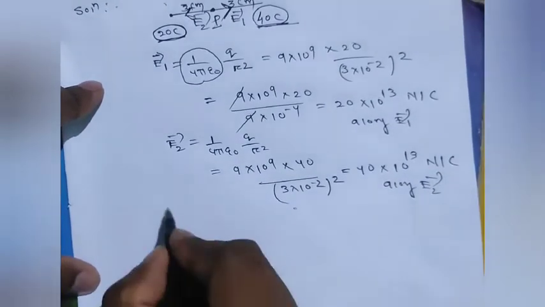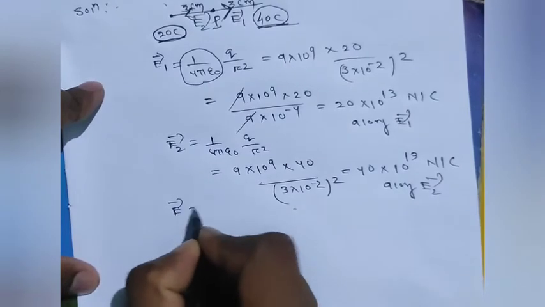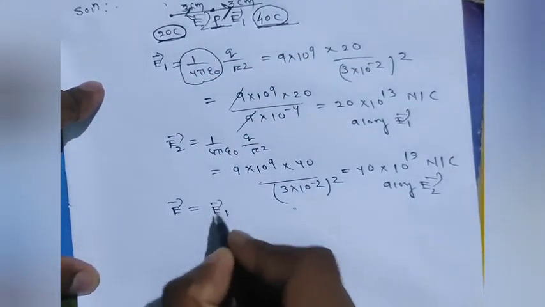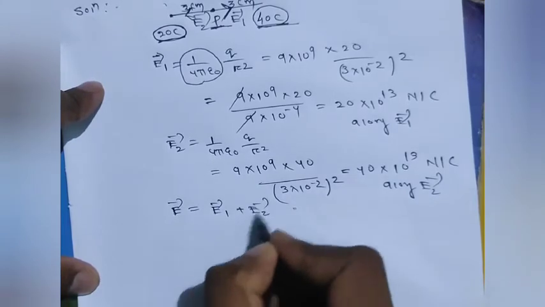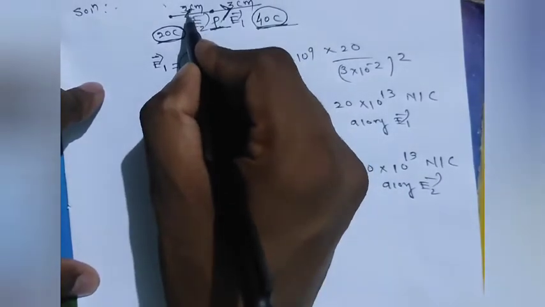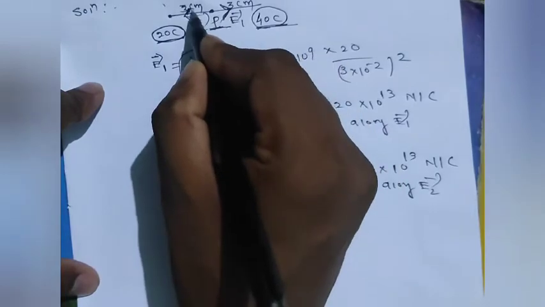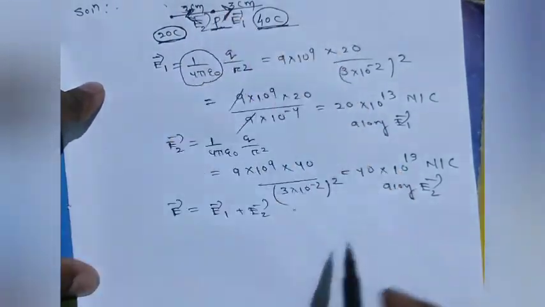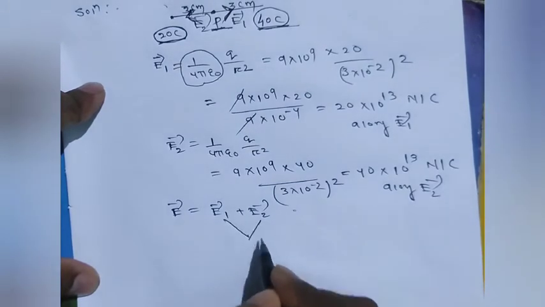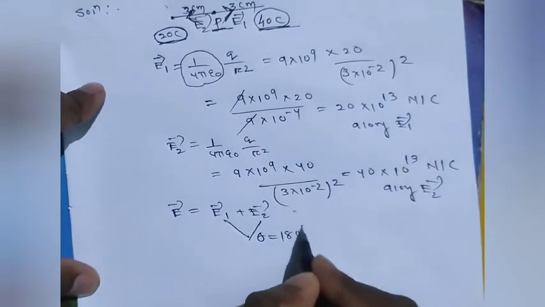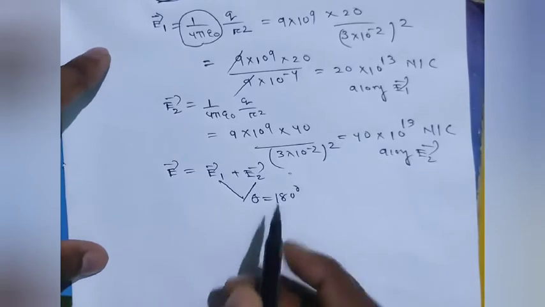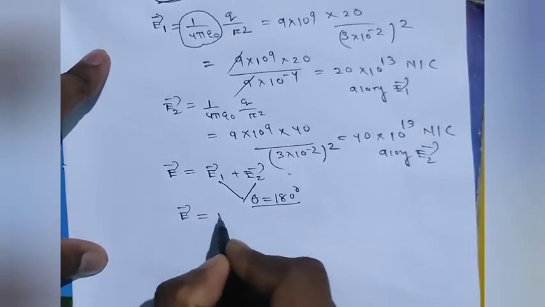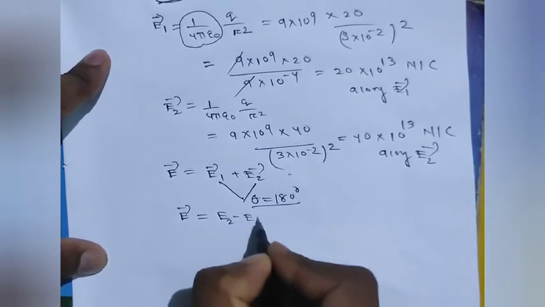Now I shall calculate the net electric field E at this point P, which will be the vector sum of E1 vector and E2 vector. From the figure we can find the angle between E1 and E2. As these two vectors are oppositely directed, the angle between them is simply theta equal to 180 degrees. For 180 degrees, according to the vector addition rule, it will be simply E2 minus E1.